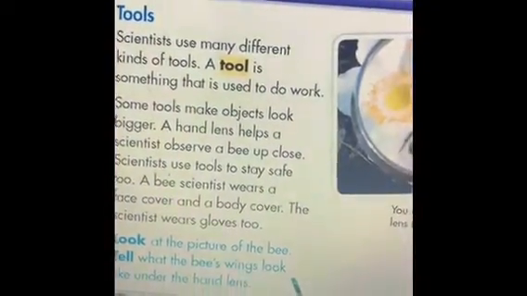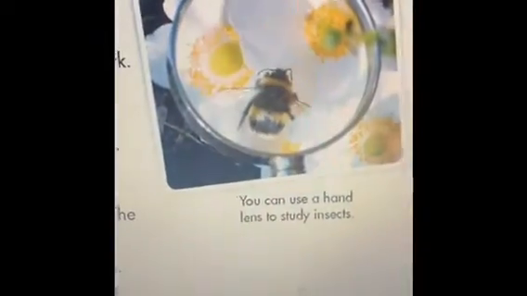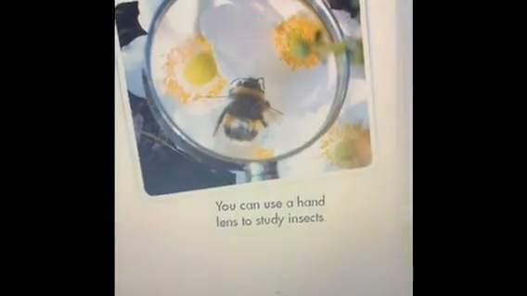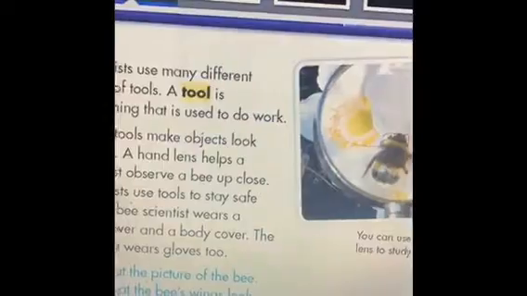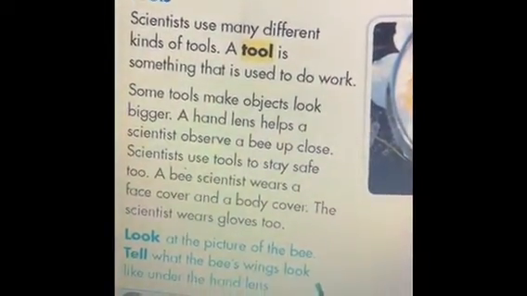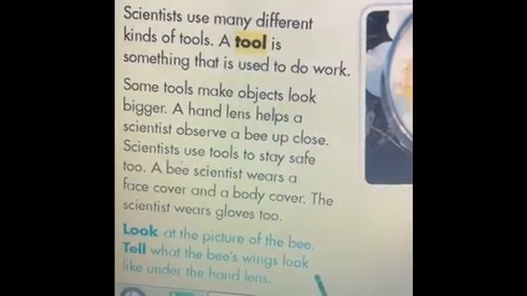A hand lens helps a scientist observe a bee up close. Scientists use tools also to stay safe. The bee scientist here wears a face cover and a body cover and gloves too.